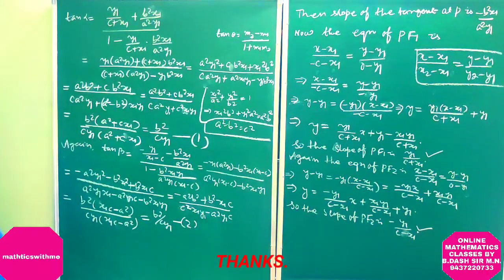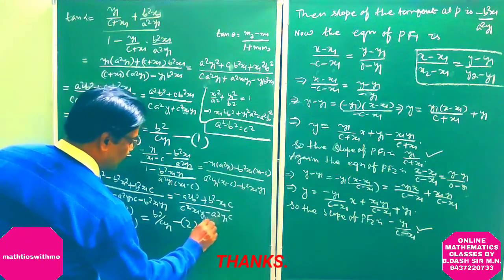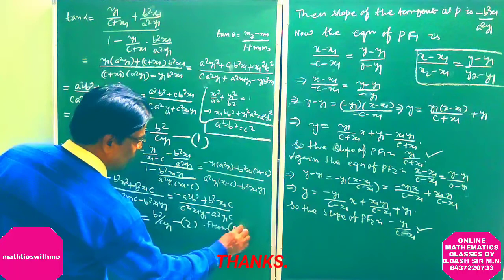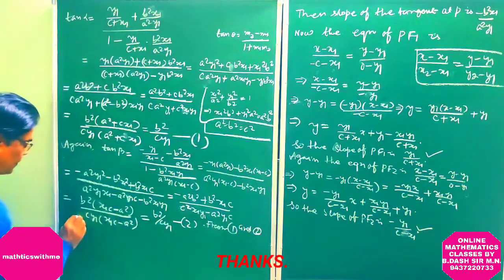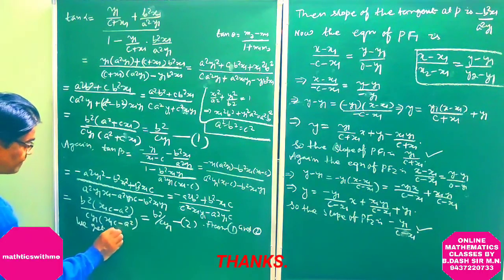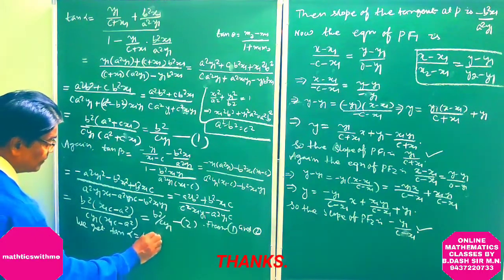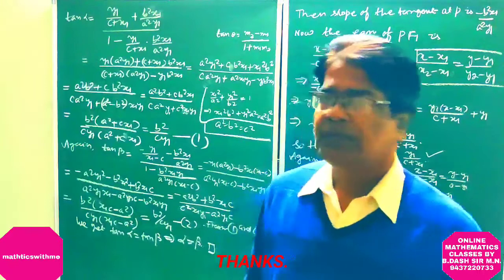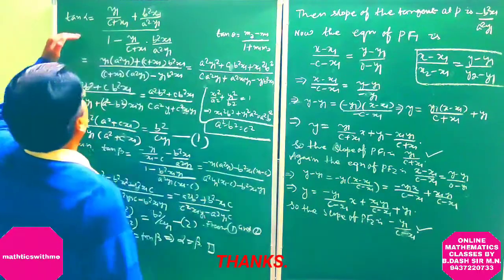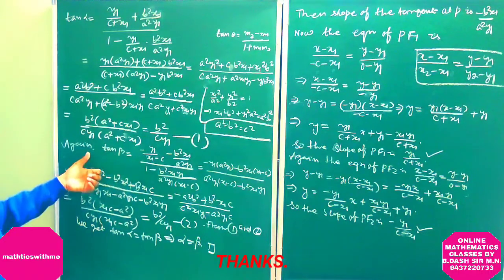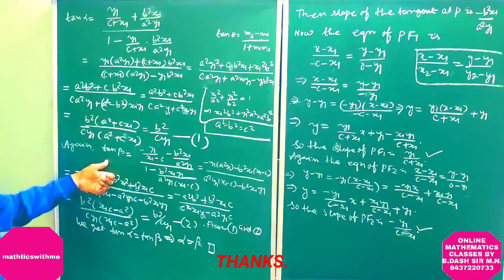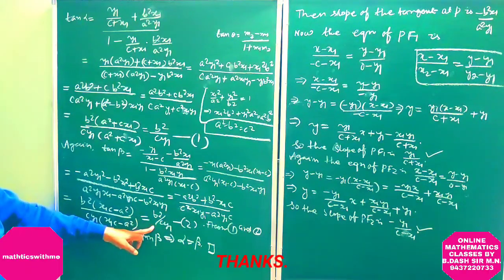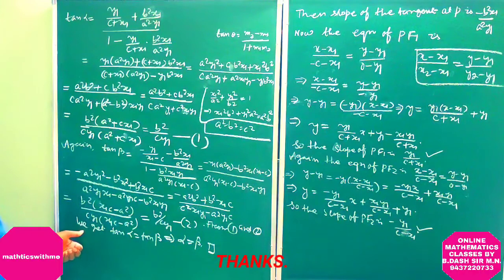From 1 and 2 we get tan α = tan β, implies α = β. So here tan α = b²/(cy1). Similarly, tan β is also b²/(cy1). So from equations 1 and 2 we get tan α = tan β, implies α = β.